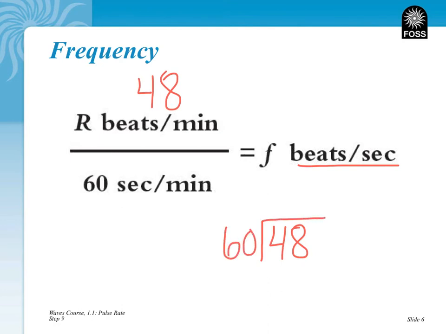And for me, that happens to be 0.8 beats per second. Remember, per is a division word, so I have my dividing sign right here. 0.8 beats per second. So I don't even have 1 beat per second. I'm even a little slower than that.